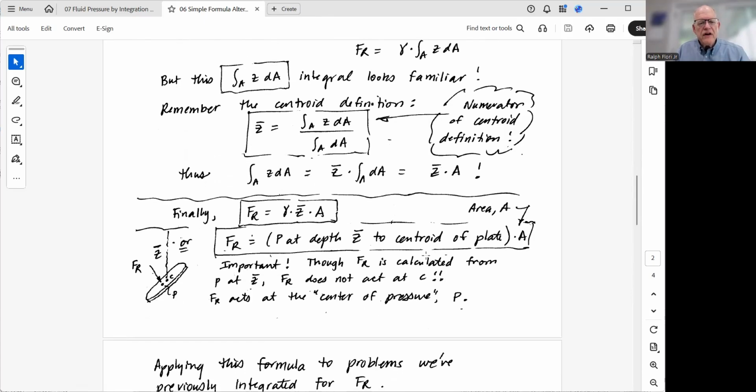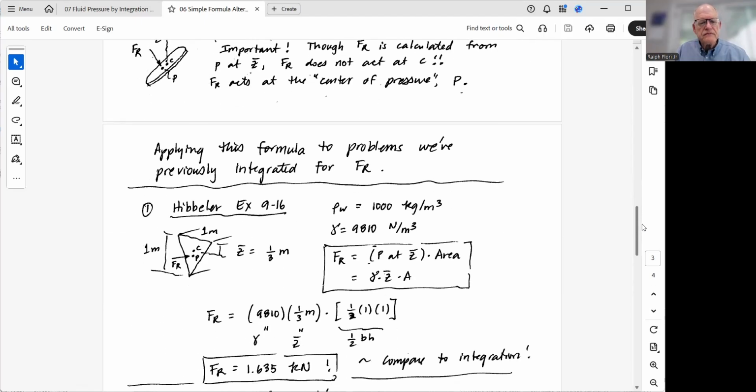And again, FR is not the pressure at the centroid. FR acts below that at the center of pressure P. Even though we use the centroid, FR doesn't act at that point. That's a conceptual question that you may see on a test at some point.